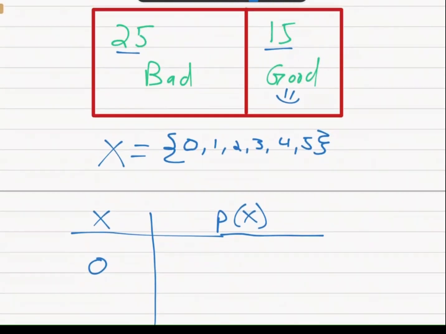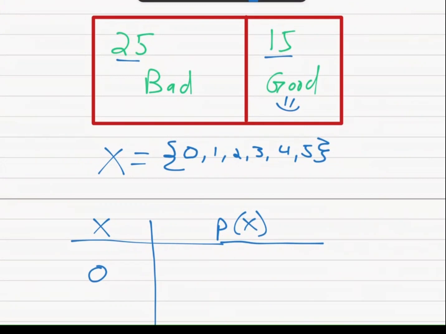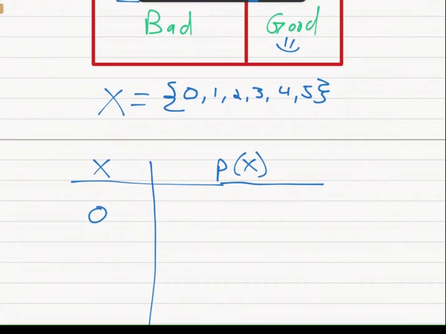Well, that would happen if she ended up with 5 from the bad side and 0 from the good side. So in this hypergeometric pattern, I use choose notation to pick the 5 pieces of candy here. And then there'll be 40 choose 5 possibilities.